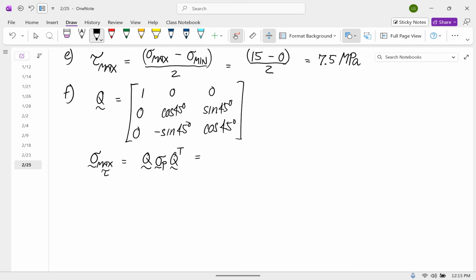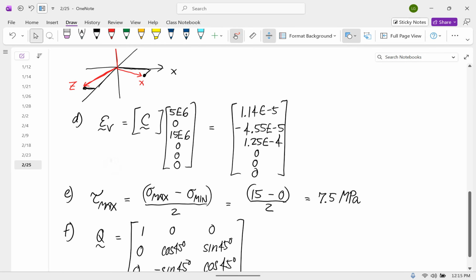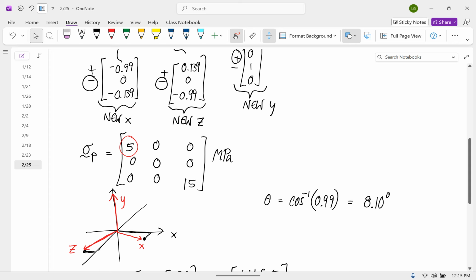And so that is Q times 5, 0, 0, 0, 0, 0, 0, 0, 15 times Q transpose.